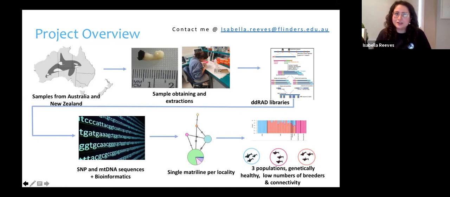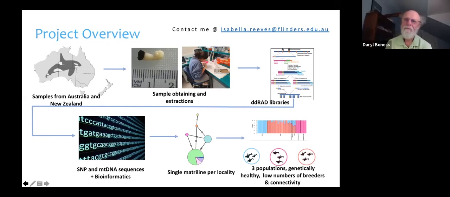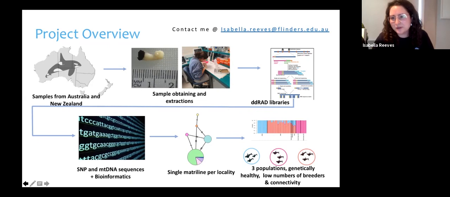We're trying to look at where their genomic footprints come from. Are they more related to tropical animals, or more related to Antarctic animals? So that will be my first chapter, and the other 2 chapters will be based around adaptive capacity, particularly to climate change. So we should find out more about the population from an adaptive perspective as well, which will be really exciting. Well, I'm really excited anyway.